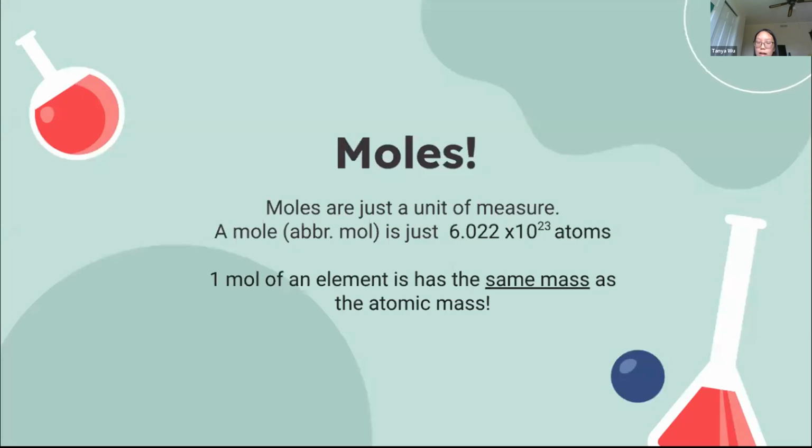Moles, I have to emphasize this more. Moles are incredibly important when going through things. You will use them constantly, and it's really important to be able to convert between different units in chemistry. The atomic masses are in grams per mole, so moles on the bottom.